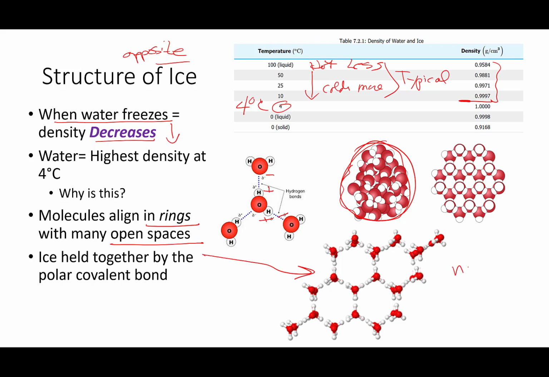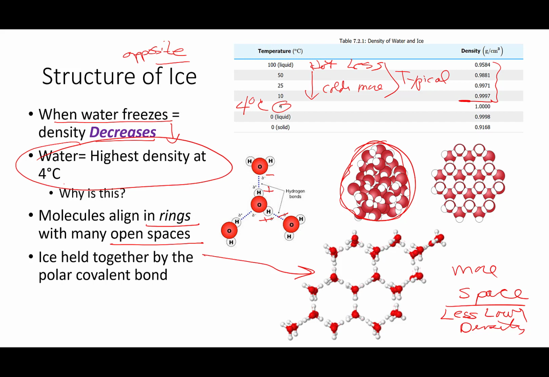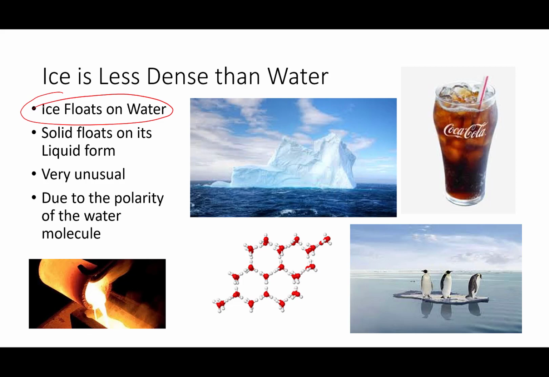It takes up more space. Well, if something takes up more space, it's going to end up having lower density. And what that means is you end up with the highest density of water occurring at 4 degrees Celsius. That means that ice floats on water.